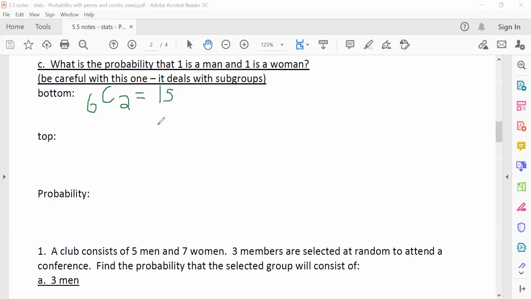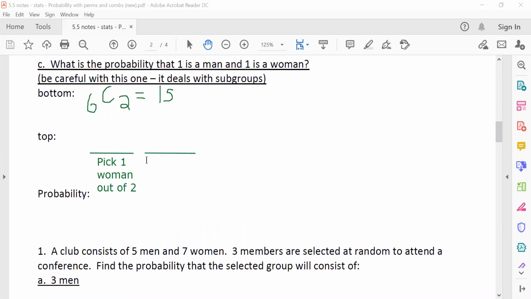The top number, though, actually, we need to use the fundamental counting principle. The top number, we need to do two things. We need to pick one woman out of two women that could make it in the group.